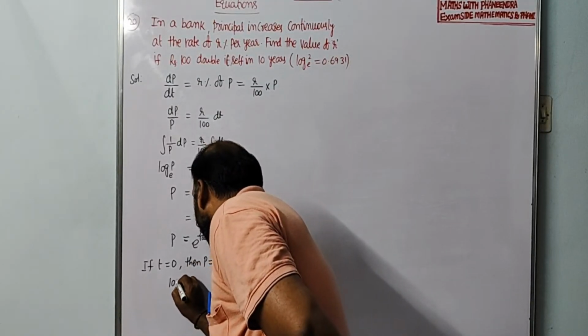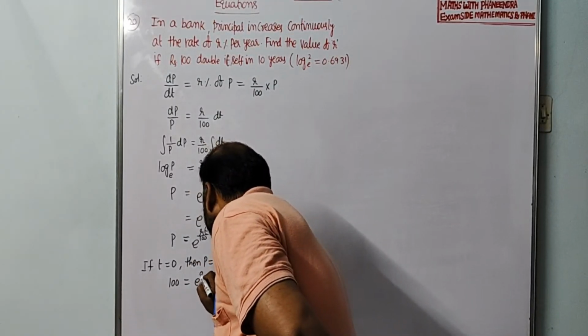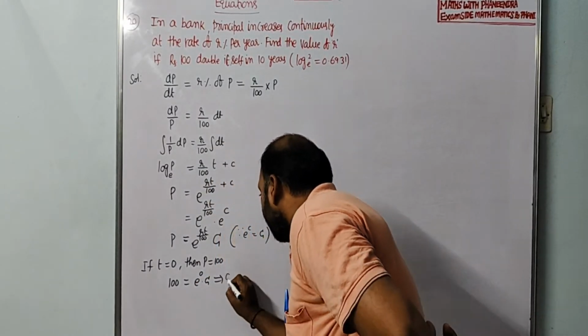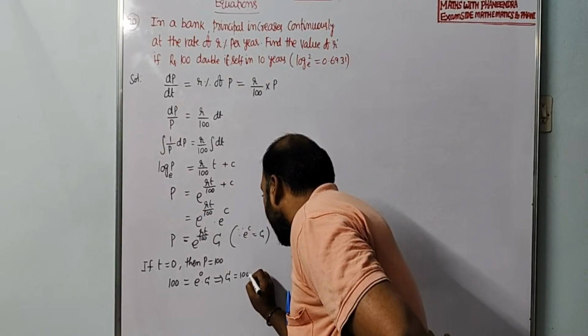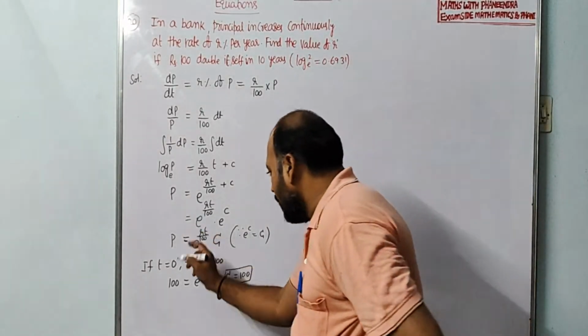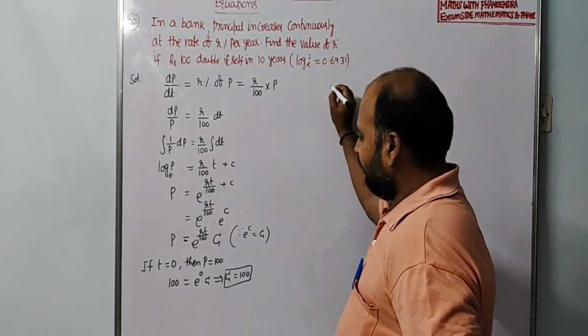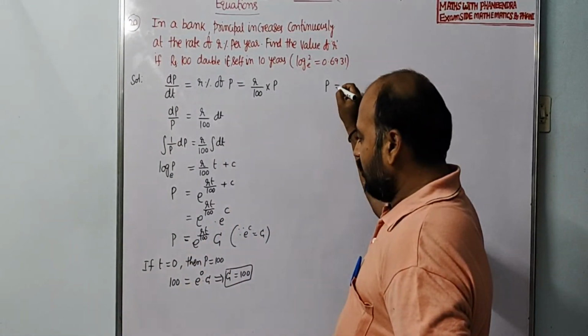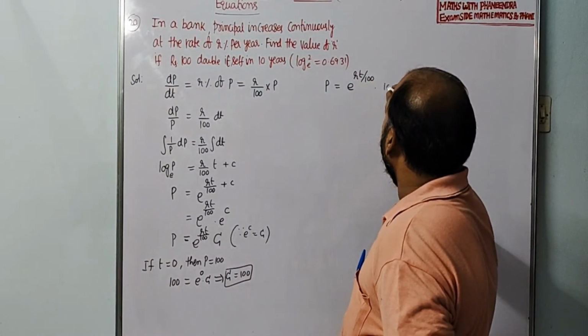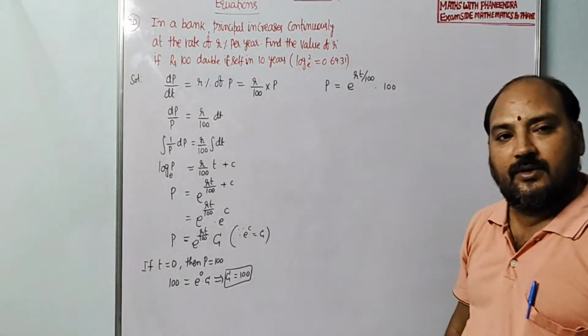So P value 100 is equal to e power 0 into C. E power 0 is 1 also. C is equal to 100. Therefore it becomes P equal to e power Rt by 100 into 100. C value we got.